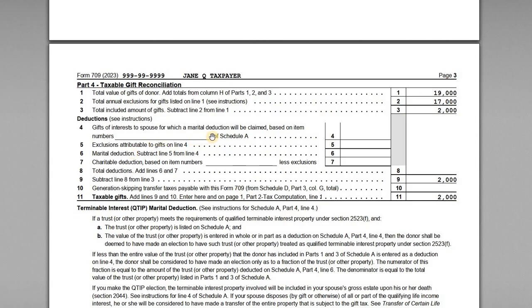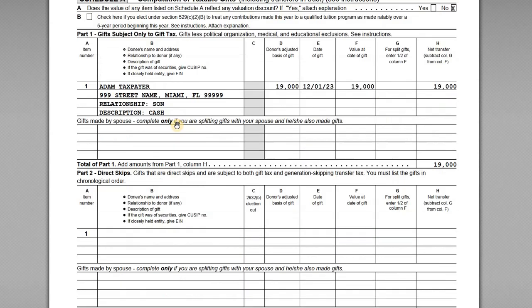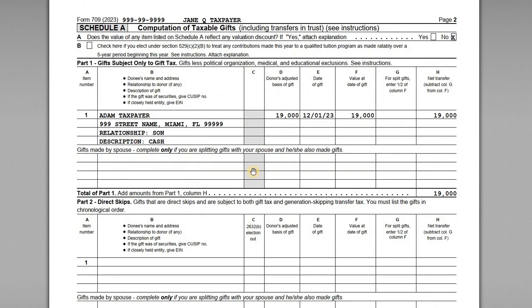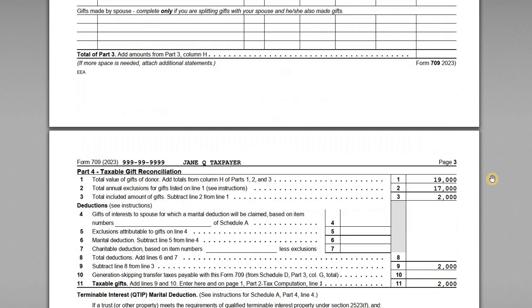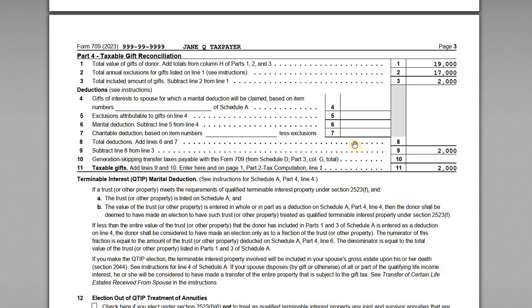Now on the deduction side, we don't have any marital deduction or other exclusions. The charitable deduction you might have if you've also reported a contribution to a charity up here. Remember, charitable contributions aren't taxable gifts, but if you have to file a 709 for reasons such as this, and you also made a charitable contribution, you have to report the charitable contribution up here, but then you report the same amount down here on line 7 to reverse it out.